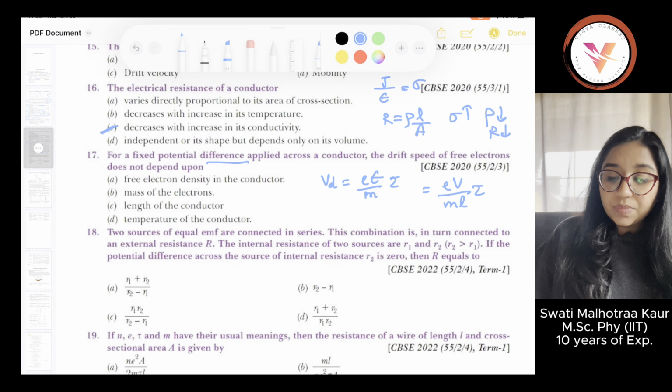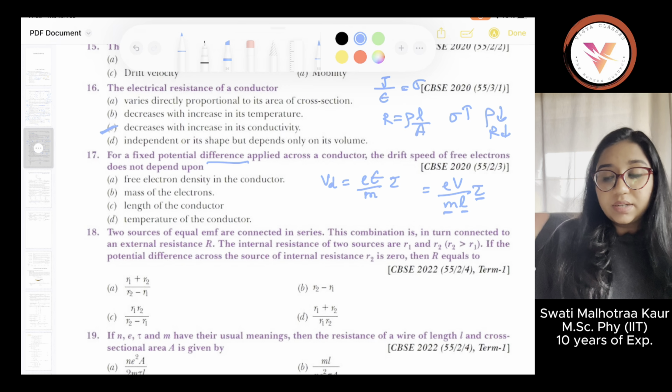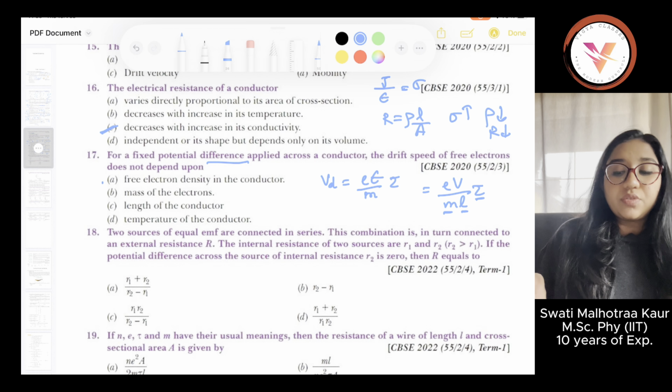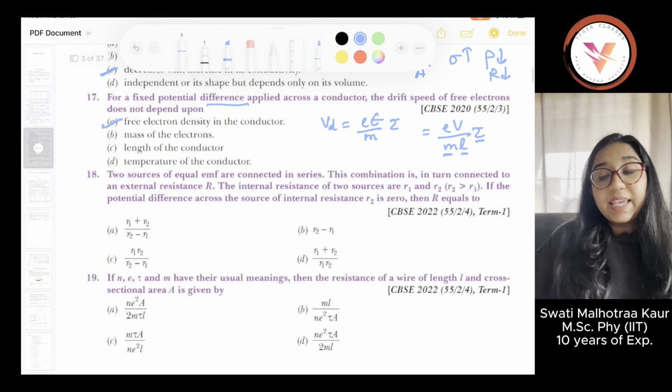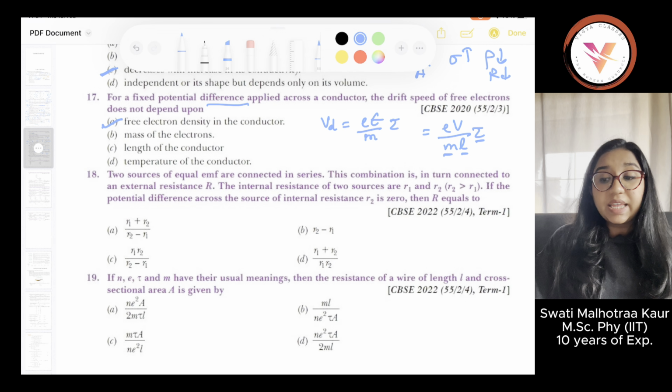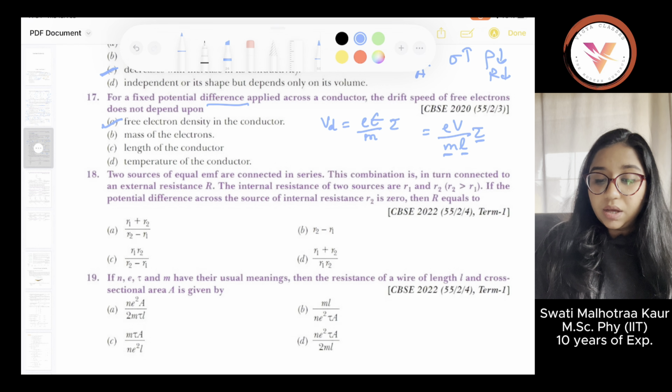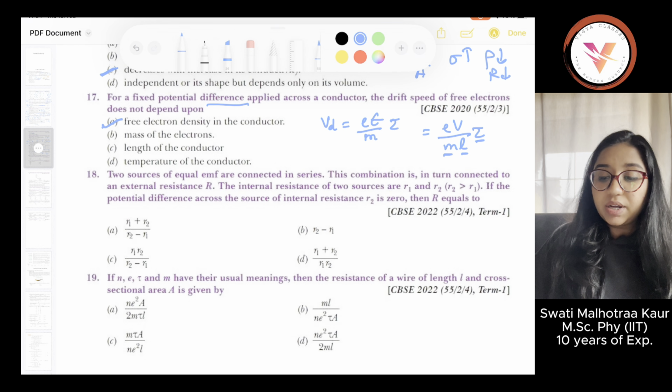Length of the conductor and temperature have a relation with relaxation time. So I think free electron density can be the answer. E can never change. E can never change in any condition. E remains invariant.